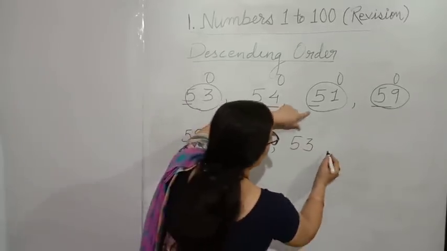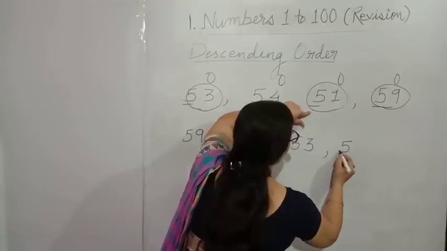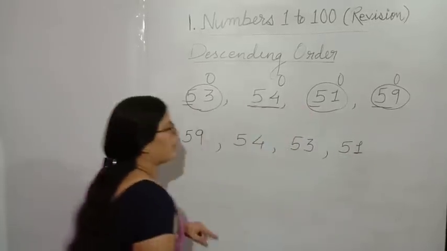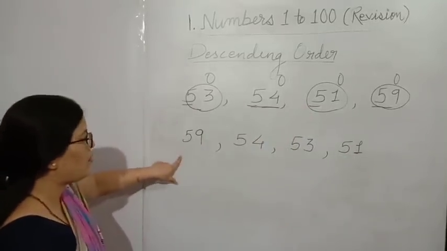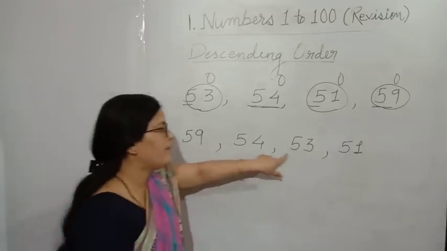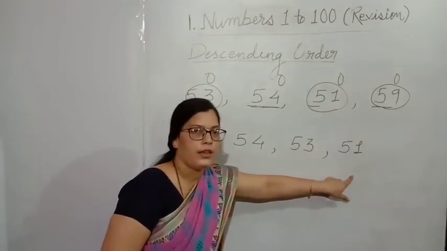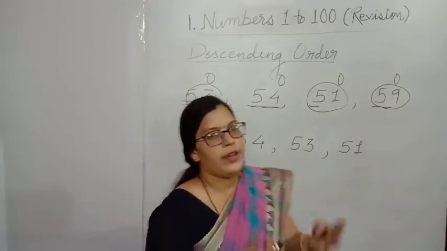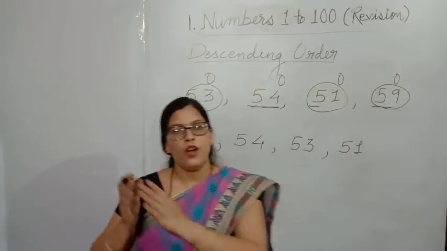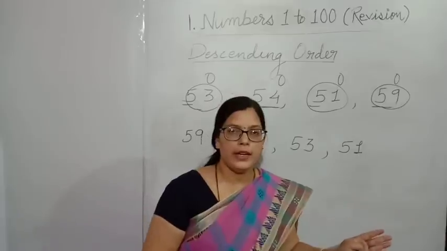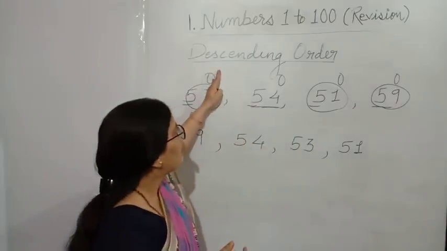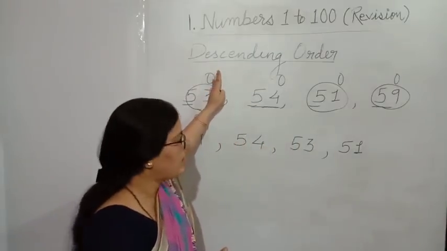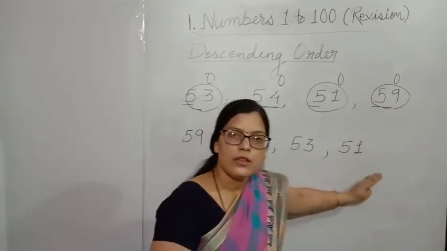And then the smallest number is 51. So again we have arranged the numbers from biggest to smallest: 59, 54, 53 and 51. Clear? So in which order do we arrange numbers in ascending order? From smallest to biggest, and in descending order from biggest to smallest.